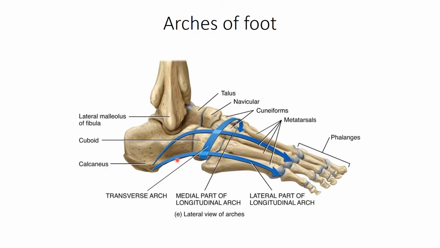Hence the arches, if we see them in this articulated foot, this portion has two longitudinal arches, a more curved medial longitudinal arch, a flatter lateral longitudinal arch, and a transverse arch. So there are three arches.